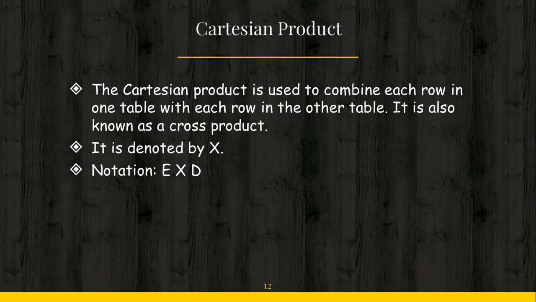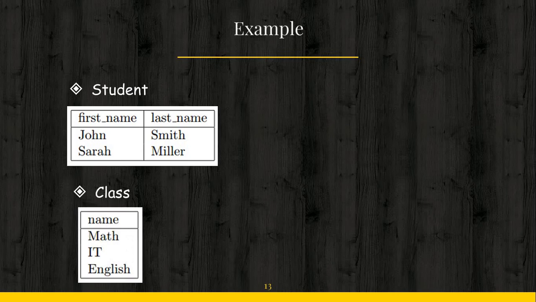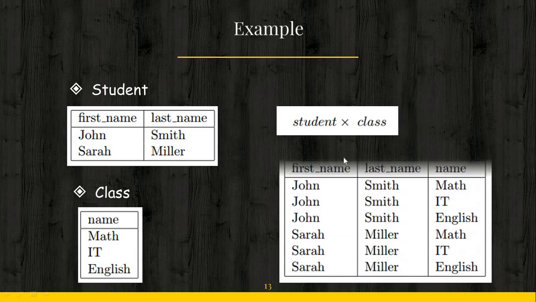Let's have a look at this example. At first the student table and next the class table. Here two columns and here one column. If we do the Cartesian product, here is the relational algebra of the Cartesian product, and this is the output.